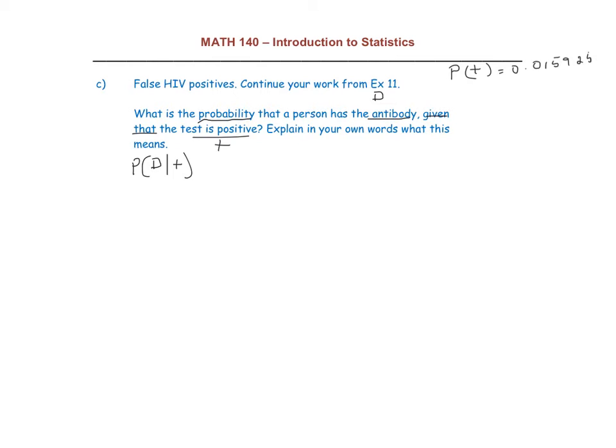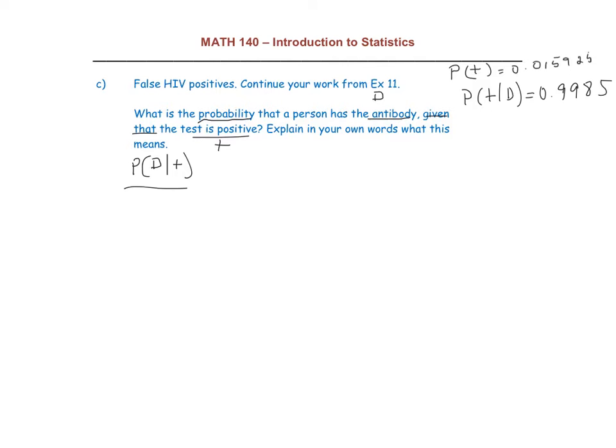Now if you look at the first part, we know that the probability of positive given that the person has the disease is 0.9985. But notice here we need to figure out the probability that someone has the disease given that the test shows positive.